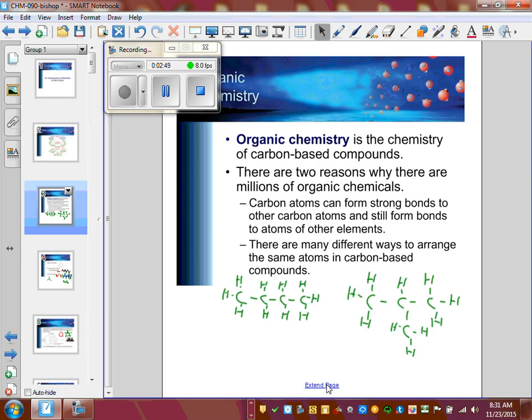Same number of carbons, same number of hydrogens, arranged slightly different. Different compounds, different properties. So that's just with 4 carbons. When you get 6 carbons, stick an oxygen in there, you can see we can make quite a few different compounds.